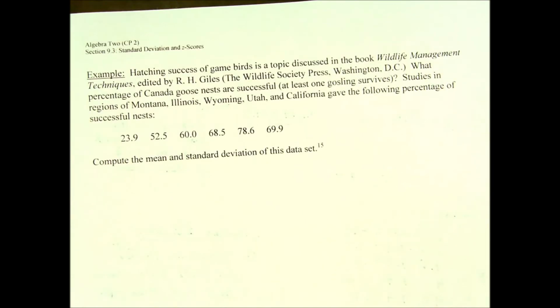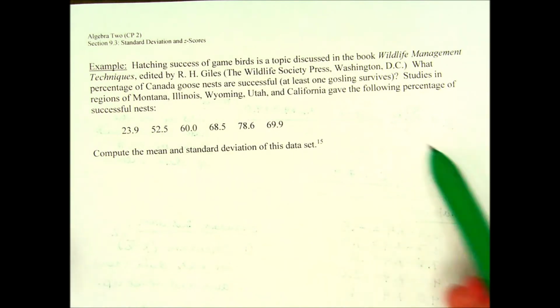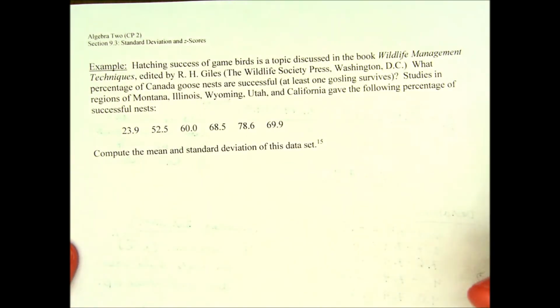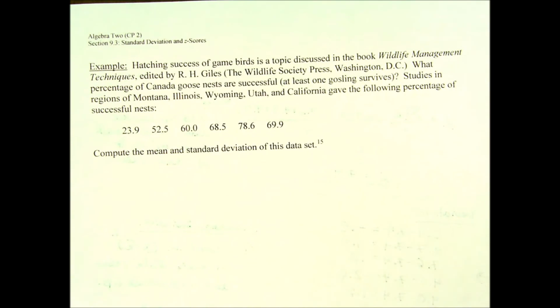On page 18, hatching successive game birds is a topic discussed in the book Wildlife Management Techniques. What percentage of Canadian goose nests are successful? Well, the studies gave the various percents of successful nests. So in these various places, in one place, 23.9% of the nests were successful, in another place, 52.5%, another place, 60.0%, and so on.